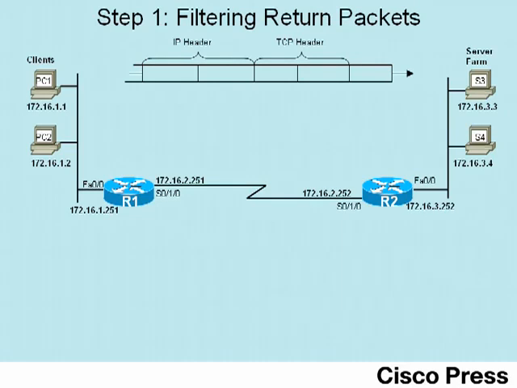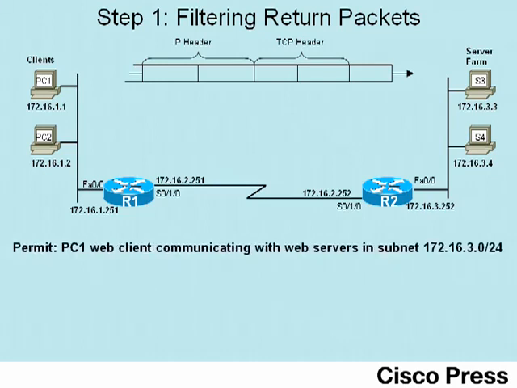So to demonstrate how to filter packets that are going from a server back toward the client, let's take a look at the first of three different criteria that will be used for the access list in this lab. First of all, we want to permit PC1 in particular to use web services to connect to a server farm on the right.